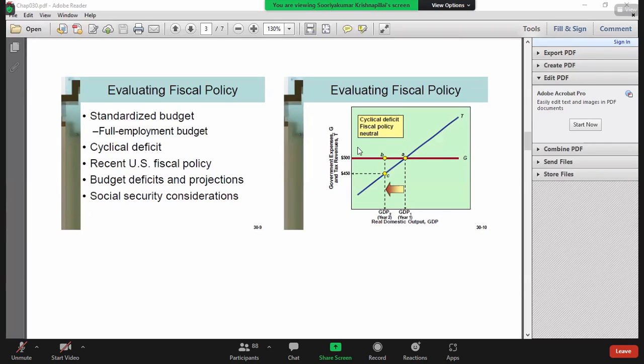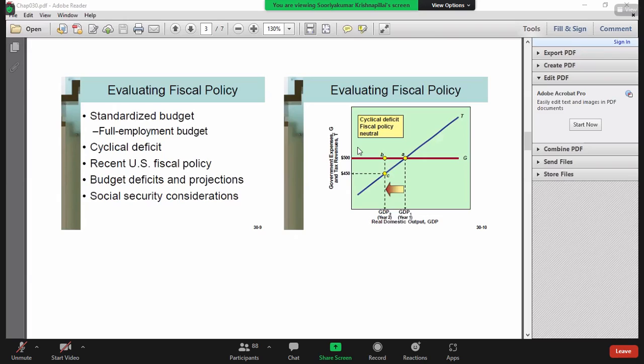Some are active. So we don't know now whether it is expansionary or contractionary fiscal policy, because some are automatic, some are active. So if we use standardized budget, we can identify.